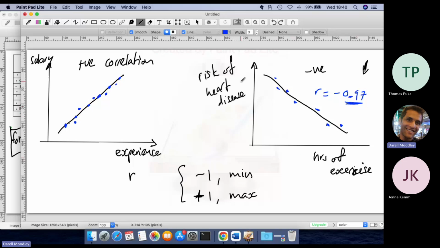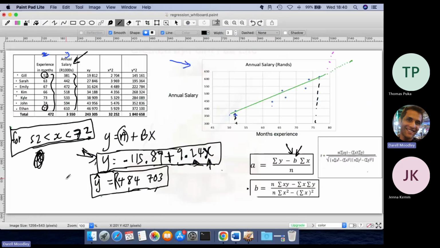So let's work out the correlation for the example we just did. And to work that out, we're going to let our calculator do all the heavy lifting. You could use this formula here, the long method, which is in your formula sheet, but we're not going to do that. We are going to use the shortcut.